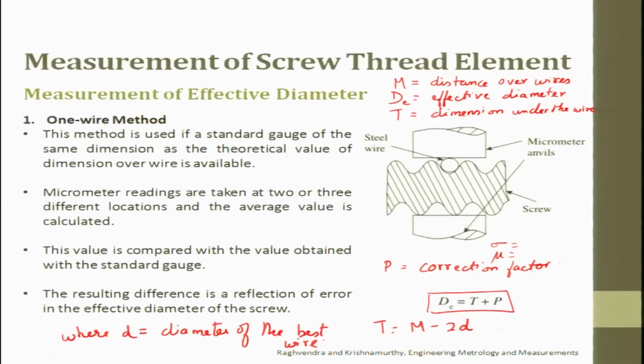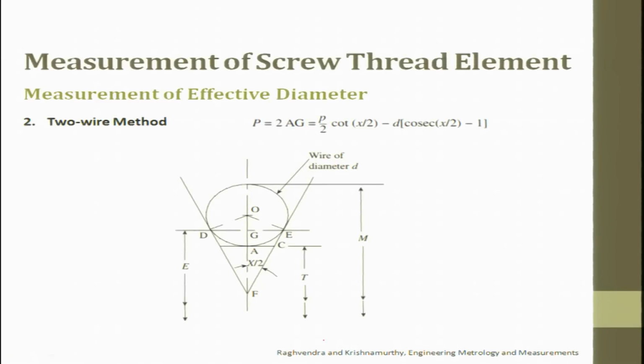Fine. So, when we use the two wire method, this will be more easily understood. What we are trying to say is that in the two wire method, basically this was the single wire.